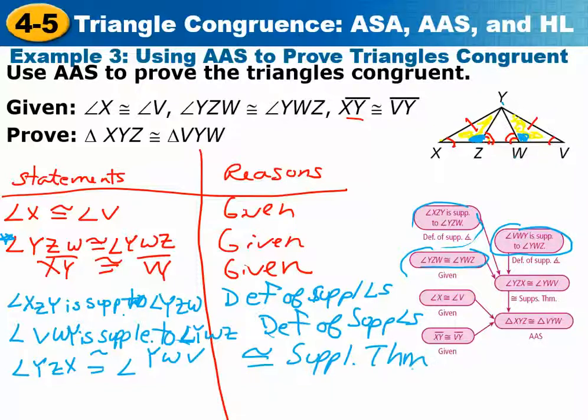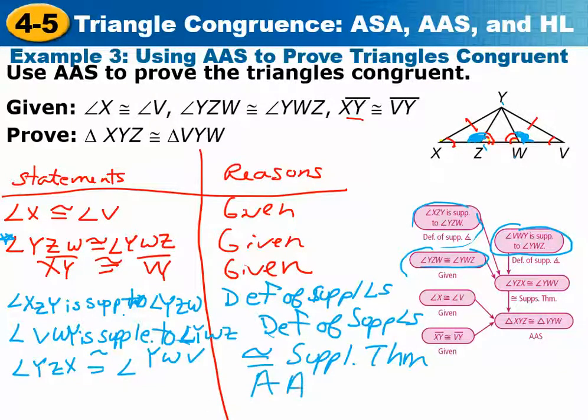If they're supplementary to the same angle, then they're congruent to each other. All right, what else do we need here? So now I've got, let me erase the blue now. Now I've got this angle is congruent to this angle. Okay, so I've got angle, angle, side.